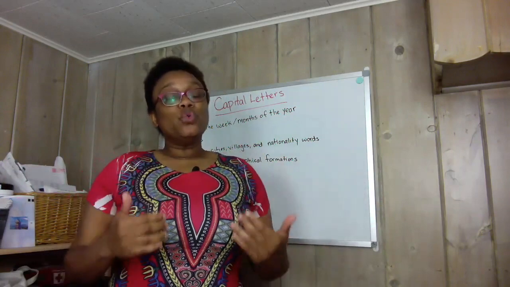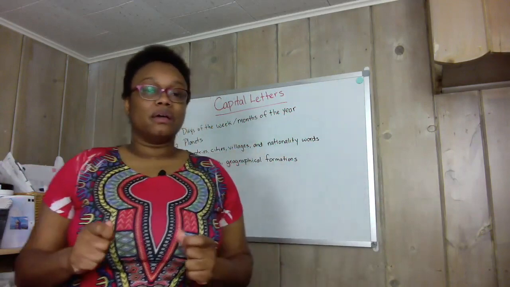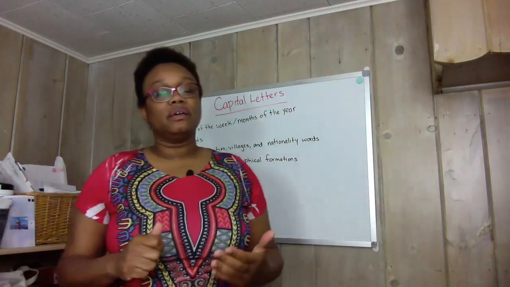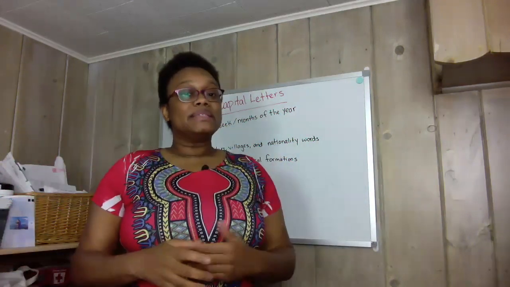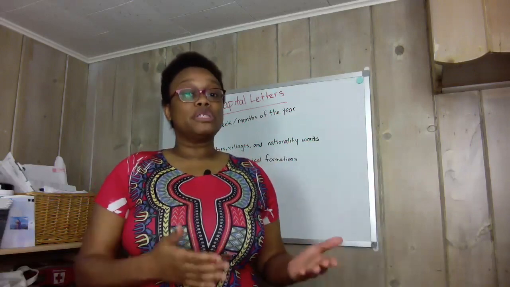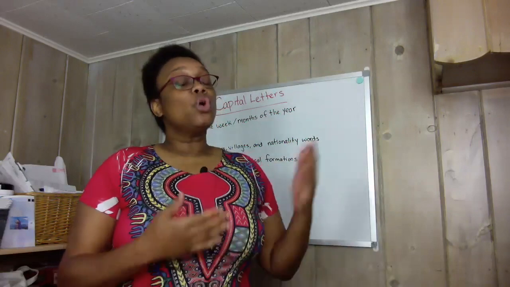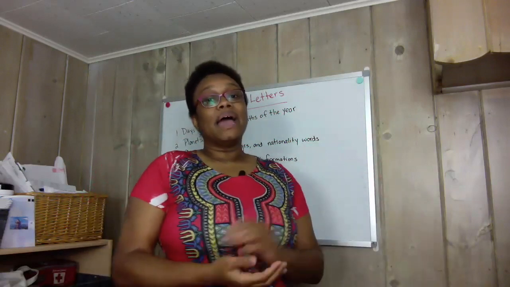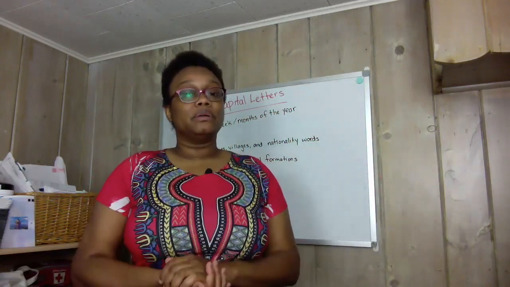Now, if you want to name a specific person, place, or thing, that always gets a capital letter. For example, if you're talking about a person, their name is Bob, you would always write a capital B at the beginning of Bob's name.